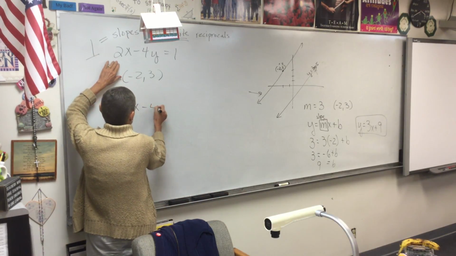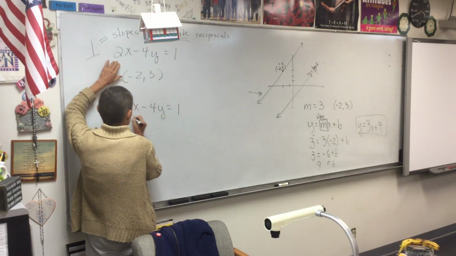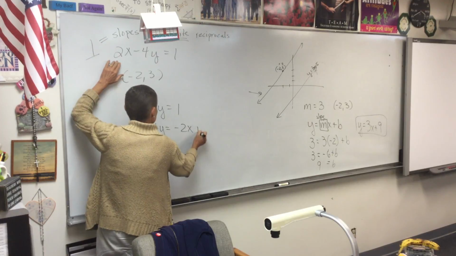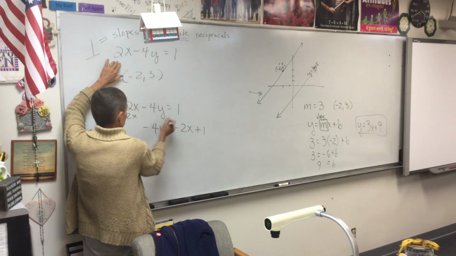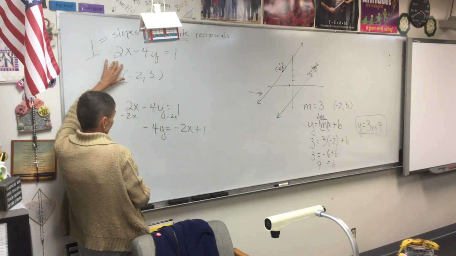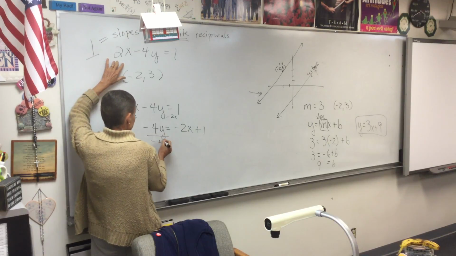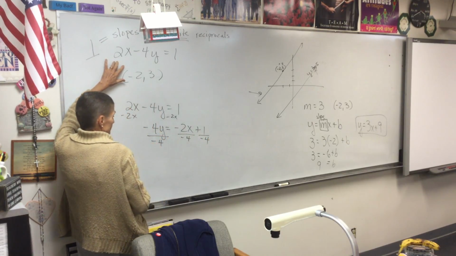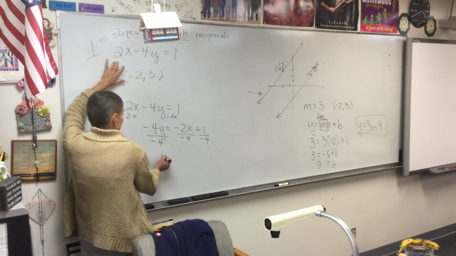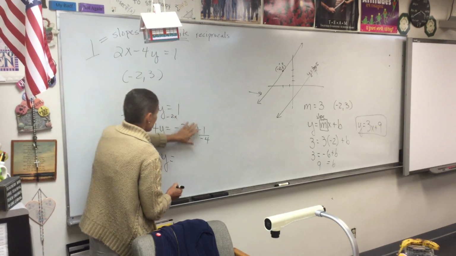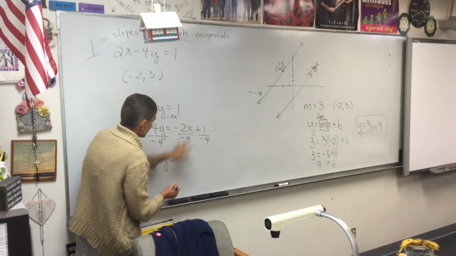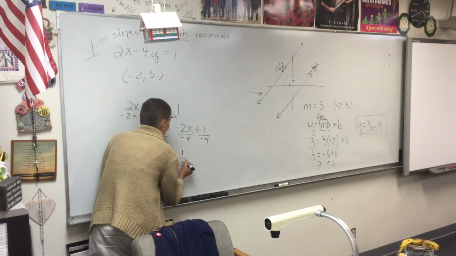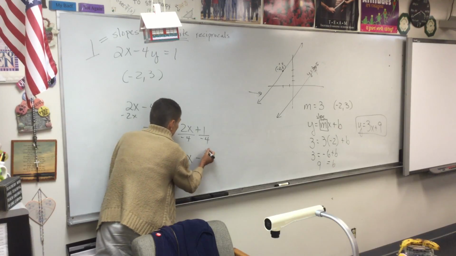So I'll subtract 2x. I subtracted 2x from both sides. Now I'll divide by -4. So y equals, okay, here we go. What's negative 2 over negative 4? 1/2 x minus 1/4.